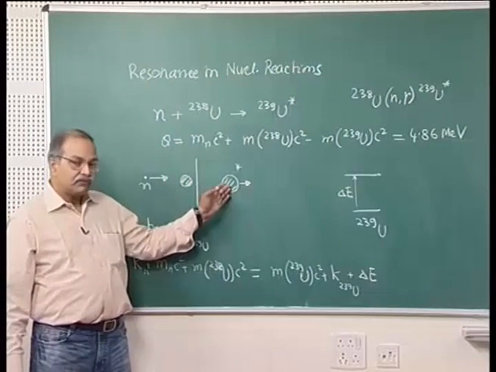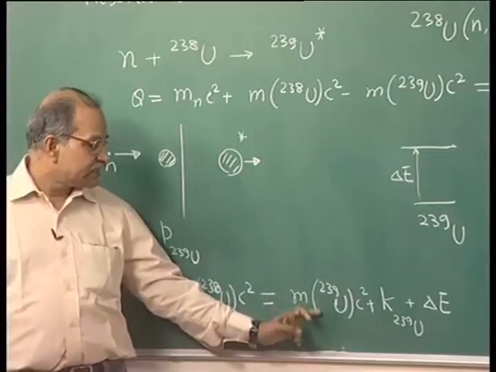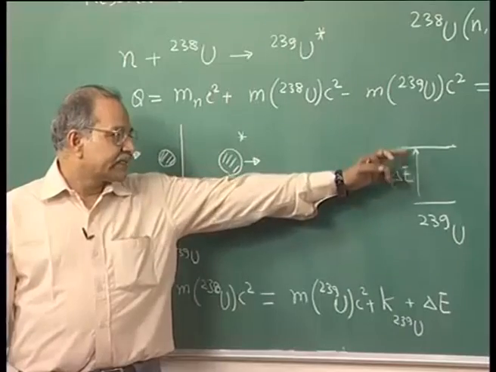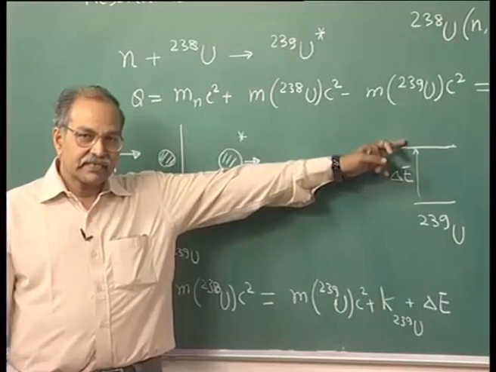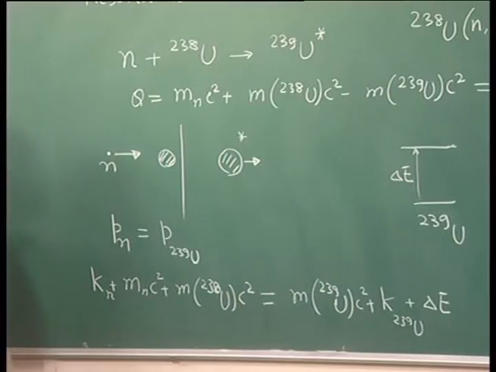Finally, you have only one particle, uranium 239. So, its rest mass energy, its kinetic energy, and also it is in an excited state, so that extra energy is there, it is in a higher energy state. So, this is the energy business.